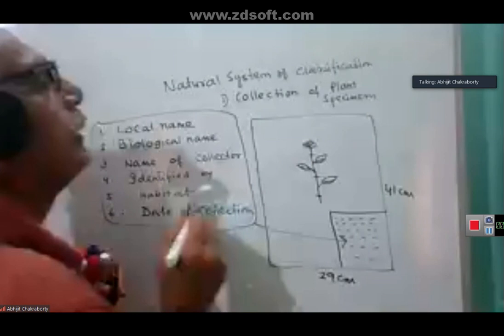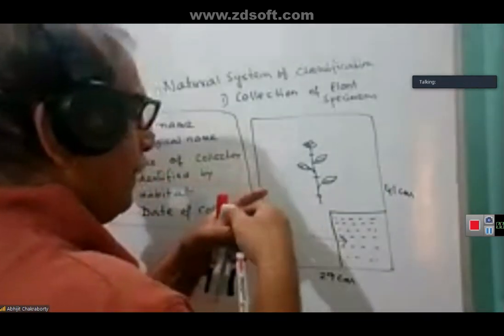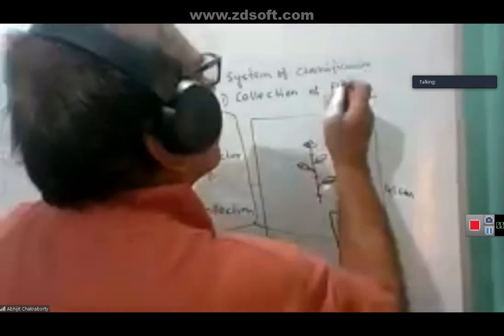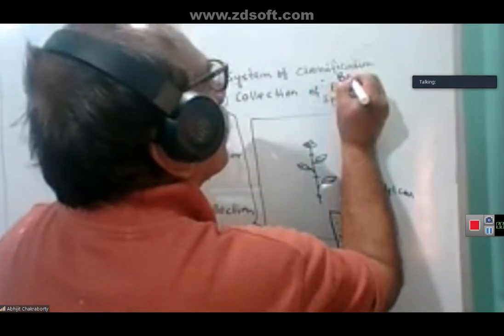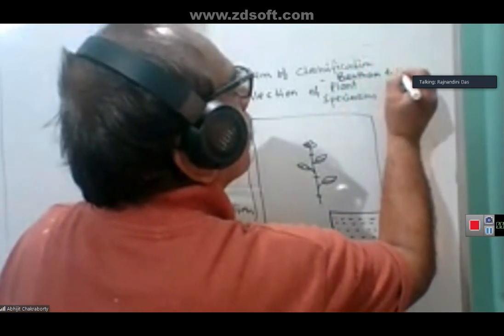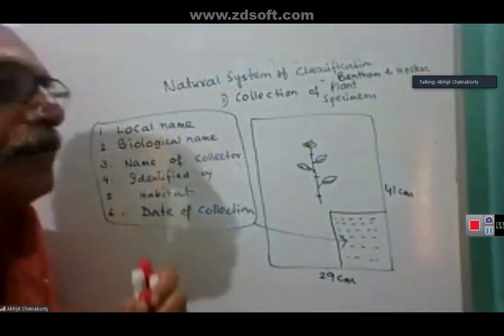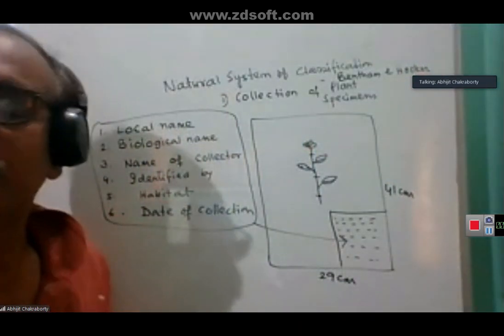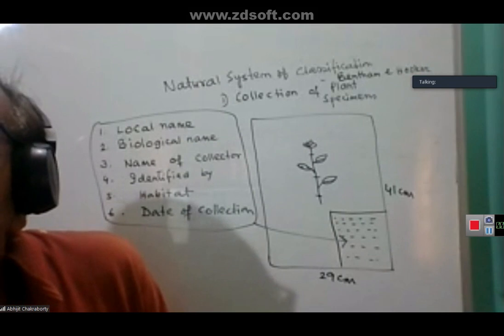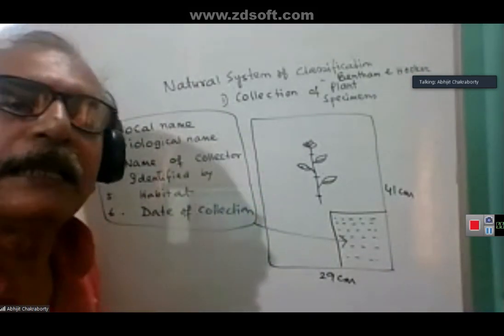The natural system of classification followed is the one proposed by Bentham and Hooker. After that, you need to protect the specimen from different enemies.